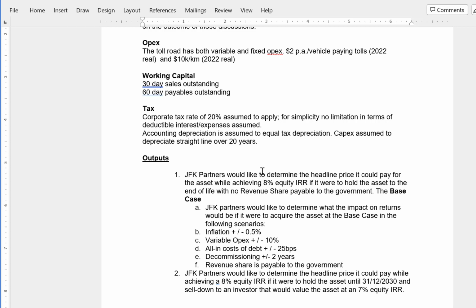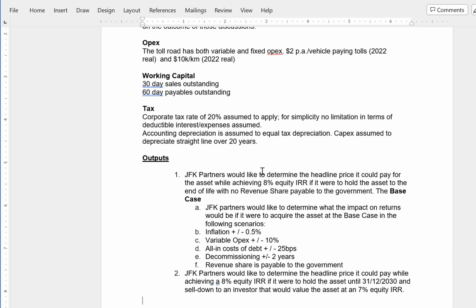We could leave the debt in based on the base case, and then we could do our whole scenario analysis to see what happens to our IRR. We could change the debt every time we change our scenario.